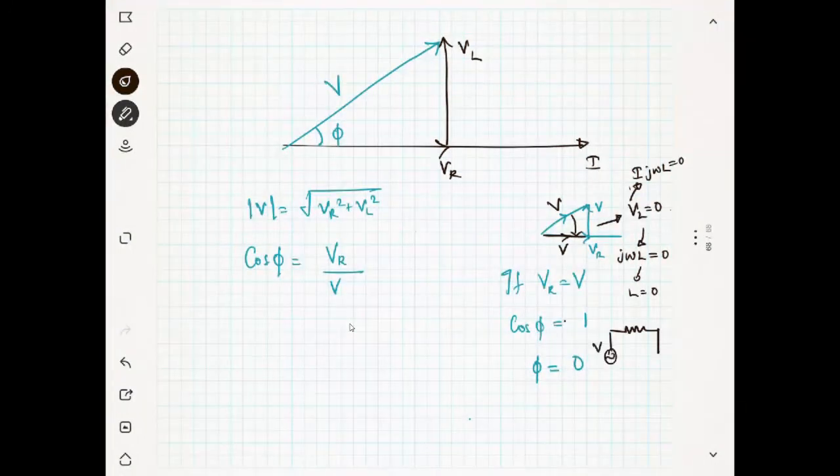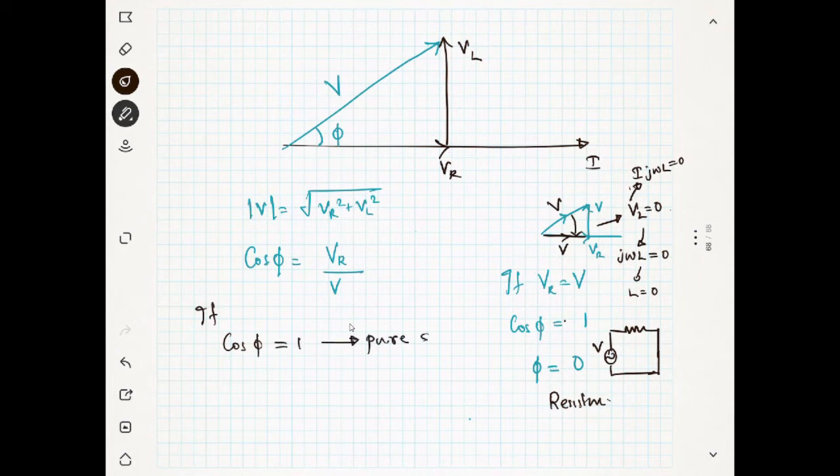You have a voltage like this. This is nothing but a resistive network. So if cosine phi equals 1, it means pure resistive. If cosine phi reduces, what will happen?